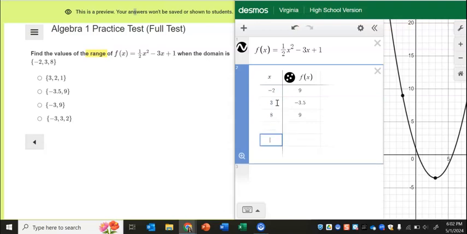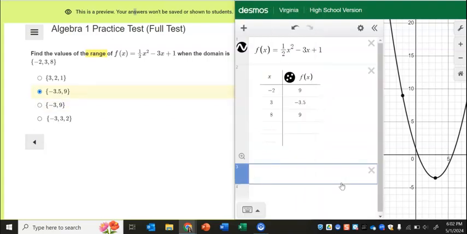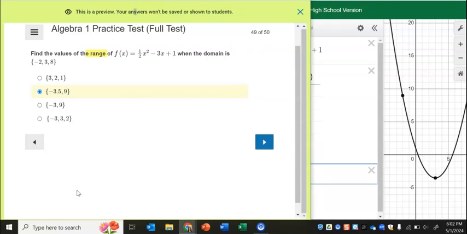I'm going to take these off so I don't confuse myself. So the range is 9 and negative 3.5. The 9 is repeating, so I don't have to pick that twice. You just have to write it twice, and then the negative 3.5. And that's about it for that one.